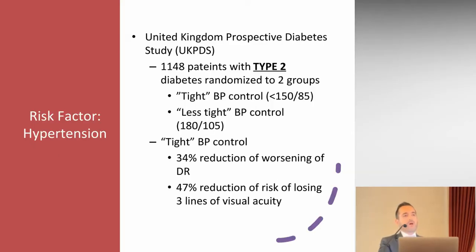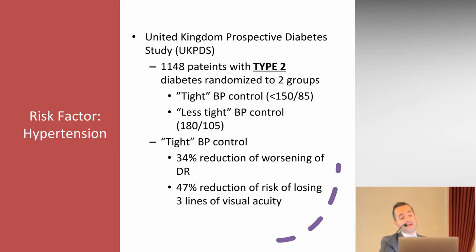Now, we all know hypertension is a big risk factor for diabetic retinopathy. It's one of those things that we generally check every single visit when patients come into our clinics. We try to assess how they're doing with their blood pressure management. And this is an important risk factor that we have known about since the 90s.